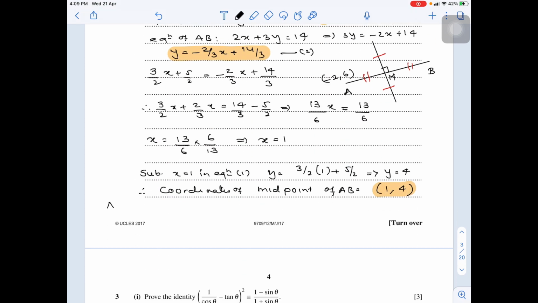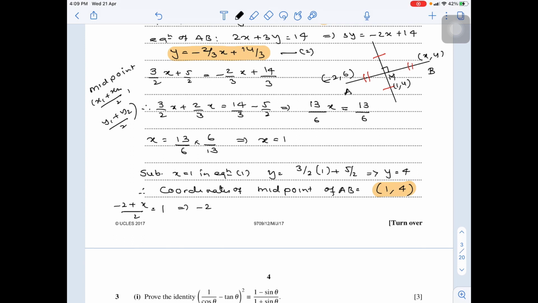So M, I got the coordinates of M are 1 and 4, out of which I know A is negative 2, 6. M is 1, 4. Let's say B is x, y. So I can say it is the equation of midpoint. Midpoint is x1 plus x2 divided by 2 and y1 plus y2 divided by 2.